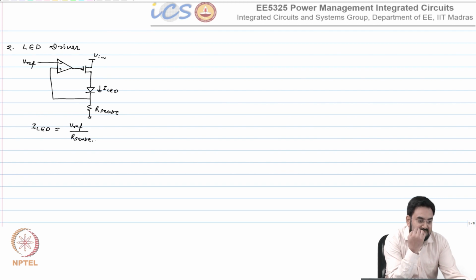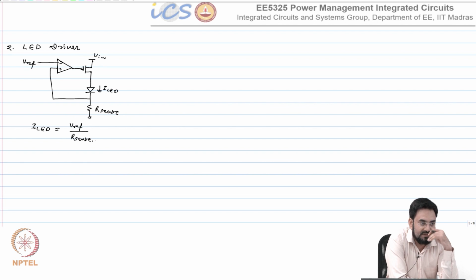Correct. So LEDs require constant current, and if you look at the data sheet, they have a maximum specified current. If you supply more than that current, these LEDs may heat up and break. So that's one thing, you have to limit the maximum current. The other thing is the brightness control.